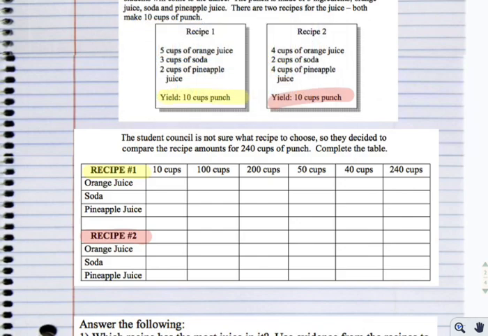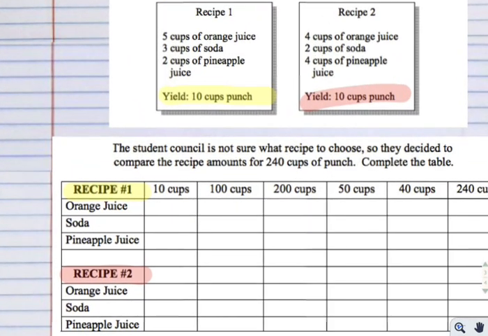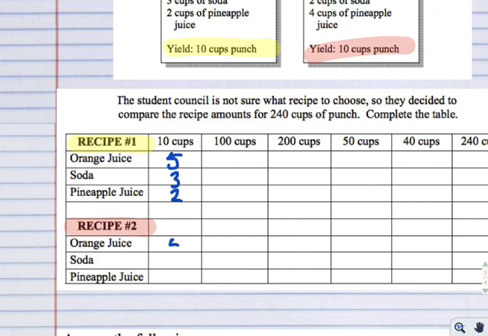So first it just asks you for 10 cups. Well, both recipes already make 10 cups, so I'm just going to copy them as they are. Recipe number 1 has 5 cups of orange juice, 3 cups of soda, and 2 cups of pineapple juice. Recipe number 2 has 4 cups of orange juice, 2 cups of soda, and 4 cups of pineapple juice.